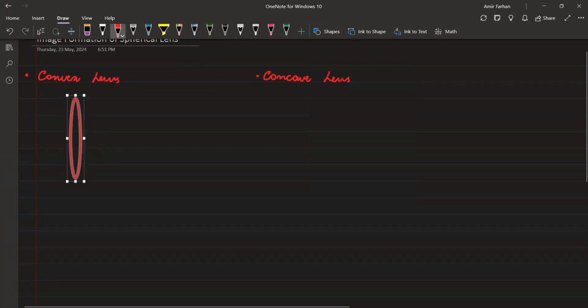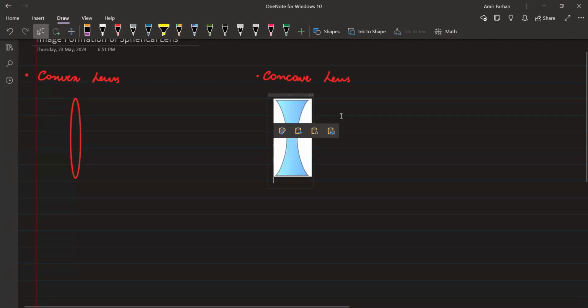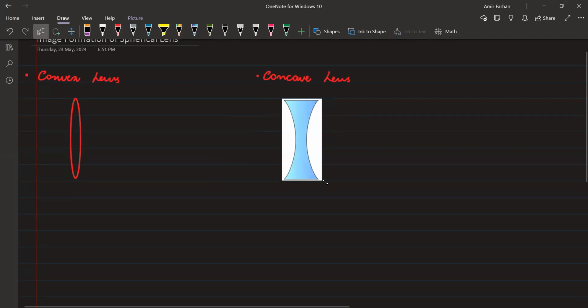I'm pasting the figure of the concave lens because drawing it is a little bit tough.